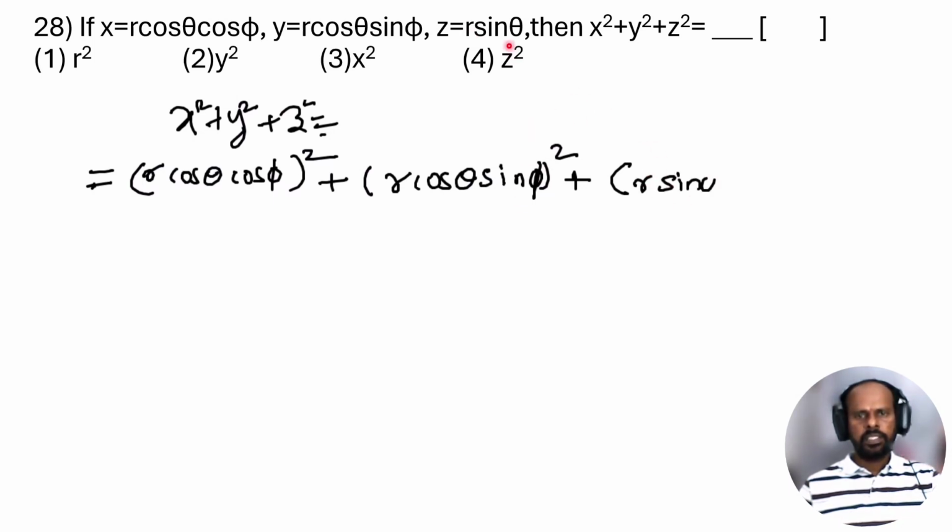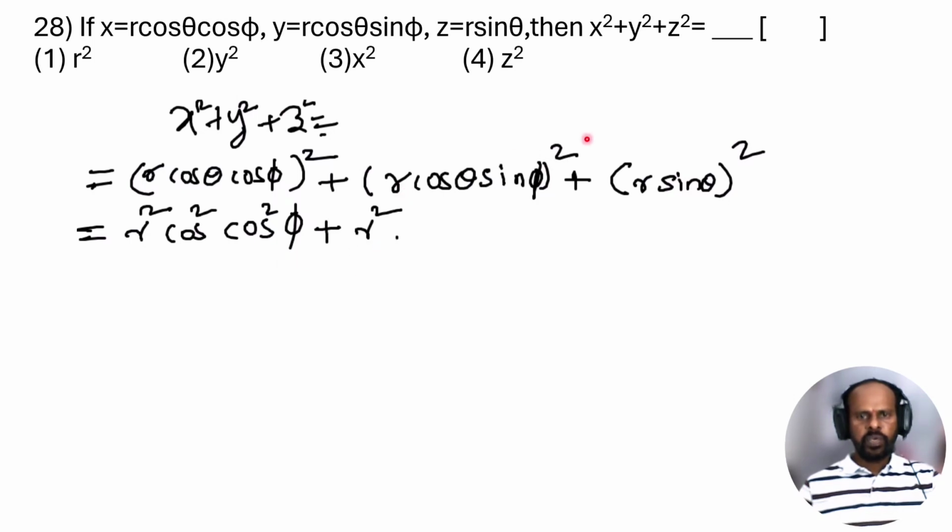Yes, z square. Square it on both sides. Now if you square each term, r square cos square theta cos square phi, plus r square cos square theta sin square phi, and next, r square sin square theta.